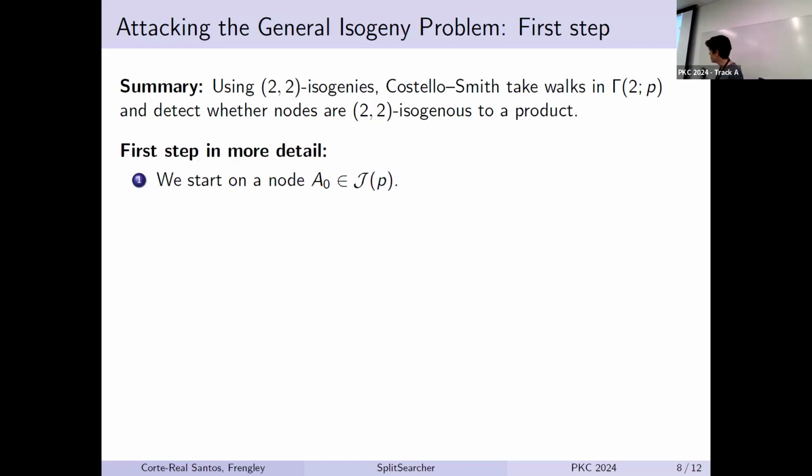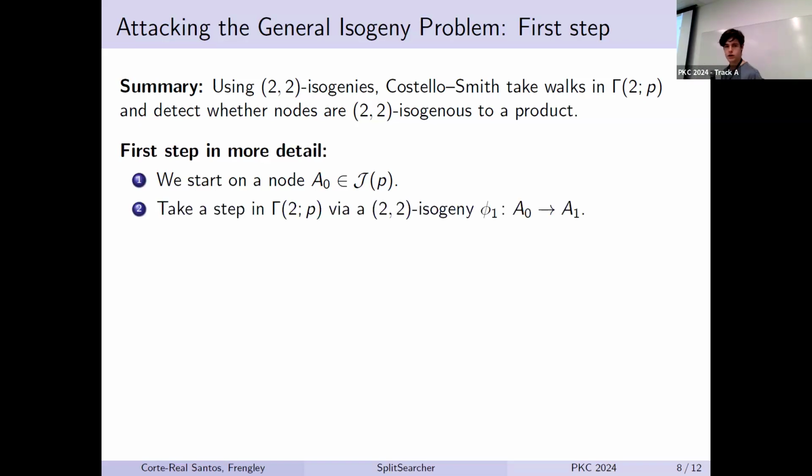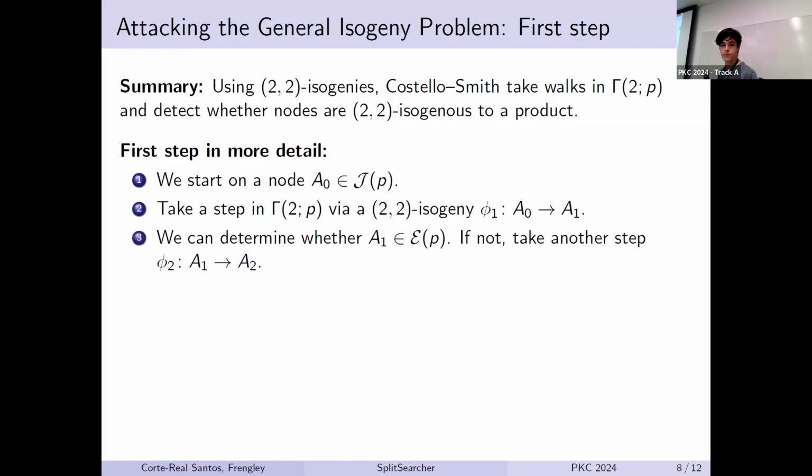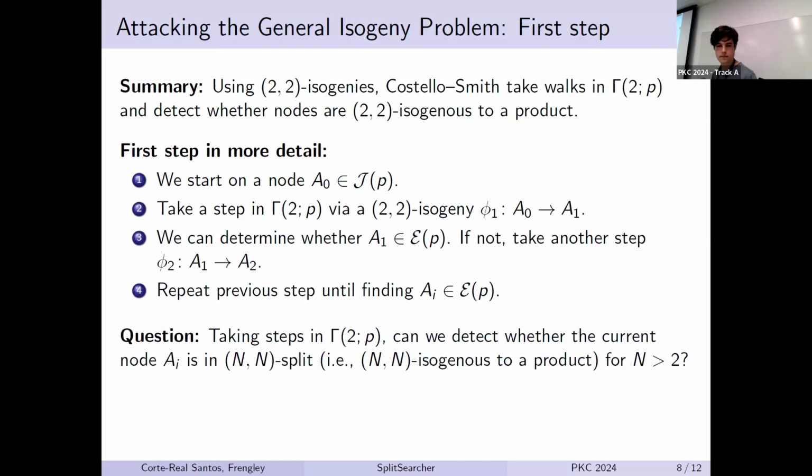If you start on a node in J of P, one of these irreducible nodes, you take a step via a 2-2 isogeny, and part of just the formulae of 2-2 isogenies, if you compute them, is that it will tell you whether or not the image is actually a product of elliptic curves. It just comes out of the formulae, and if it's not, you just do another step. Then you keep repeating until you actually get it. It should take about big O of P time.